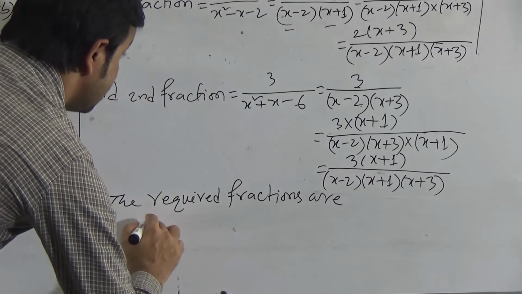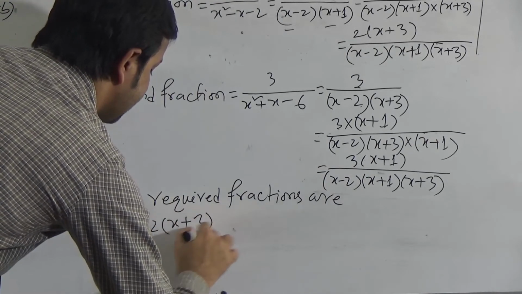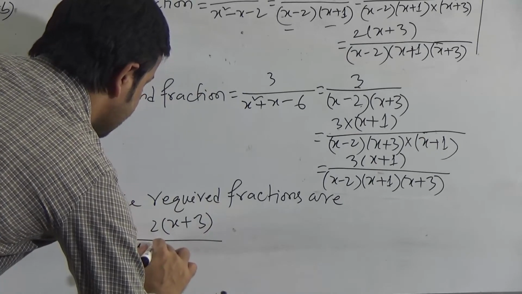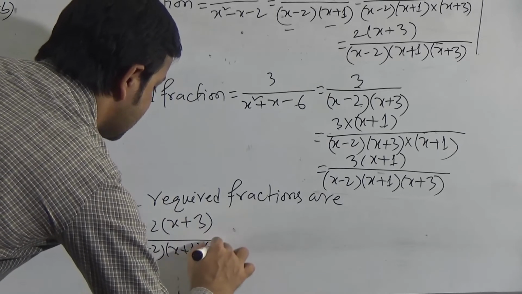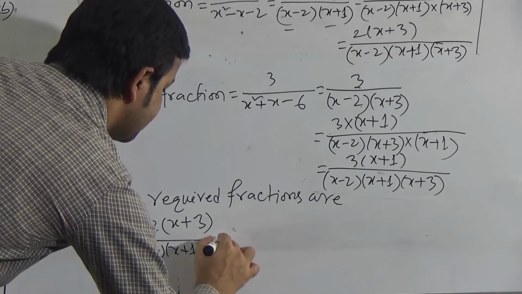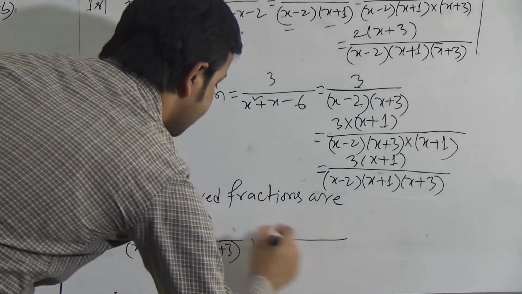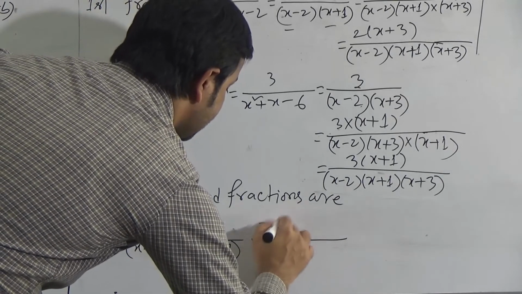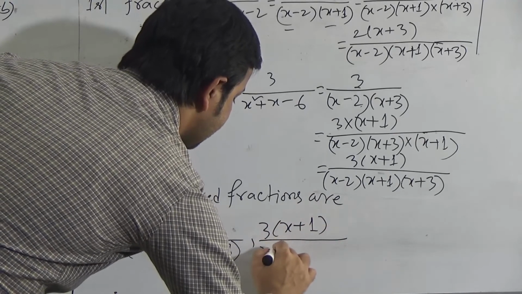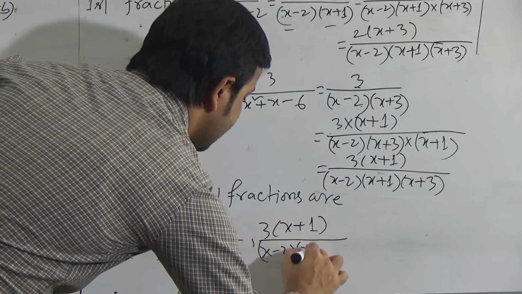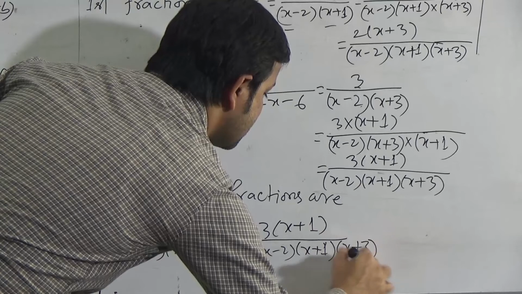First fraction is 2 into x plus 3 divided by x minus 2 into x plus 1 into x plus 3. This is our first fraction, and the second fraction is 3 into x plus 1 divided by x minus 2 into x plus 1 into x plus 3.